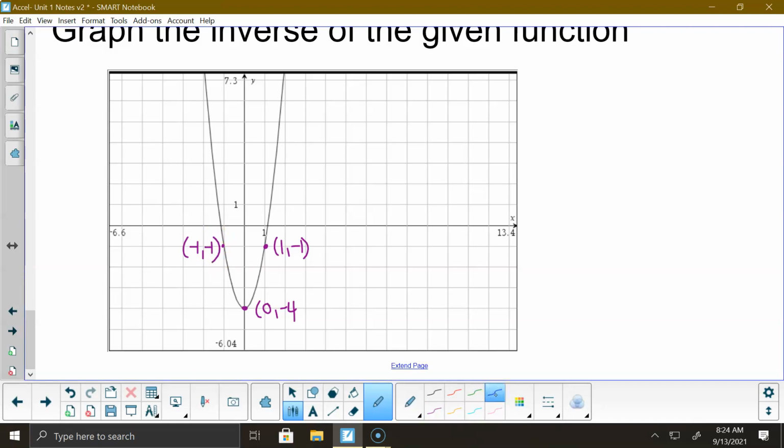Okay? So remember, when you go to graph the inverse, you're just switching the x and y coordinates. I mean, if you want, you could draw the line and try to reflect it over, but I always find inversing my points makes life a heck of a lot easier. So the inverse of 0, negative 4 would be what? Negative 4, 0. 1, 2, 3, 4, 0.